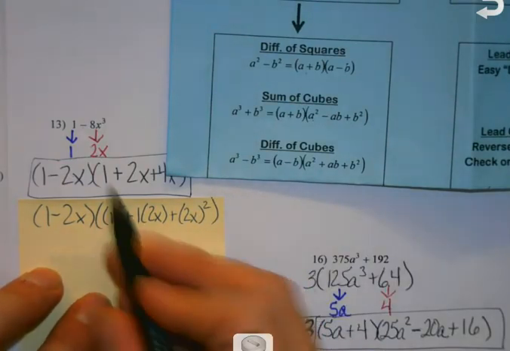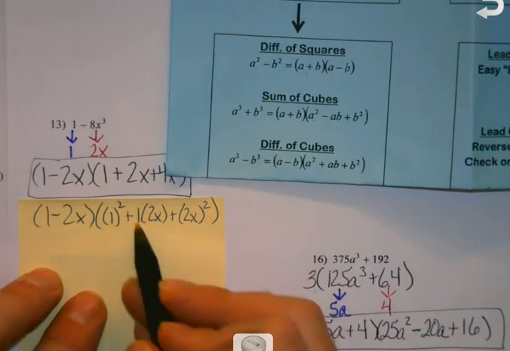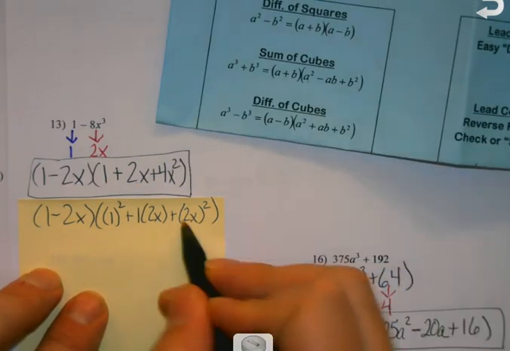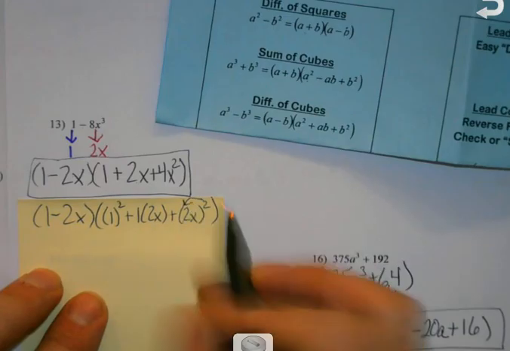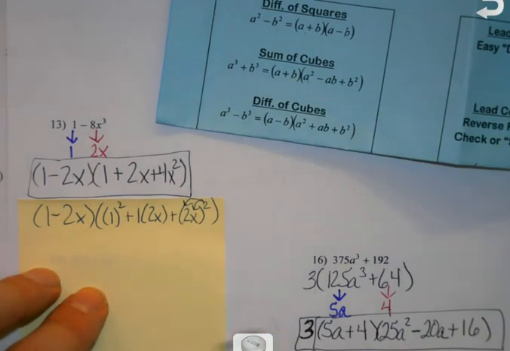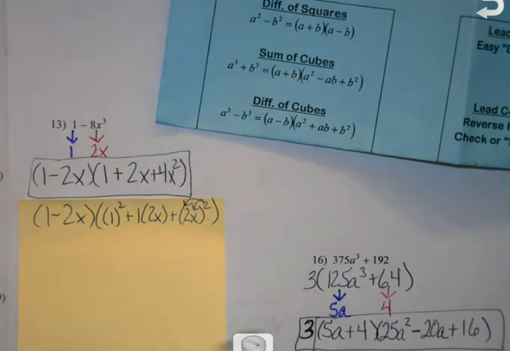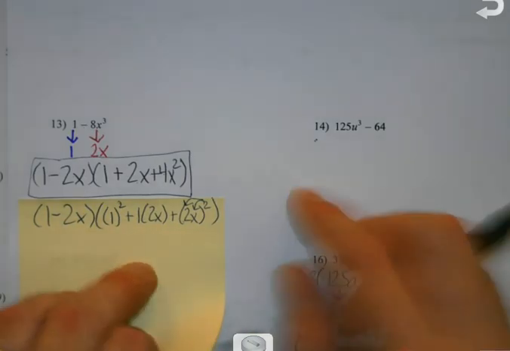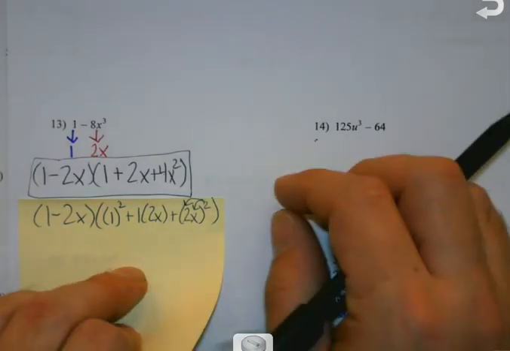So 1 squared is 1. 1 times 2x is 2x. And 2x squared, I square the 2 to get the 4. And I square the x to get the x squared part. Okay. But then the nice thing with these is there's never any little extra thing at the end I have to do or factor something out or something like that. All I'm going to do is that's my answer once I get there.